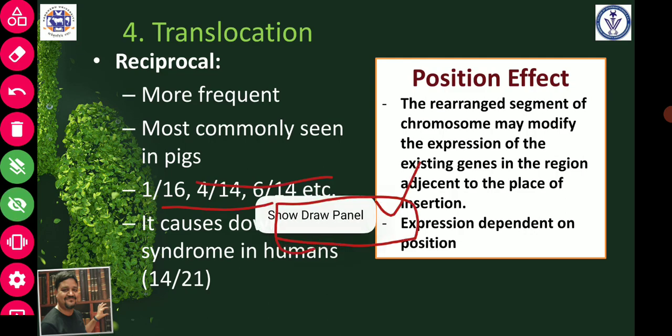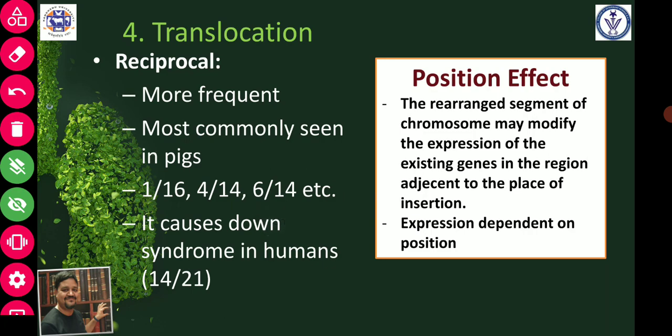Another important result of this reciprocal translocation is the position effect. So what is position effect? Because of the rearrangement of a segment of chromosome, there will be a change in the expression of genes, and this change in expression of genes due to different position of genes is called the position effect.